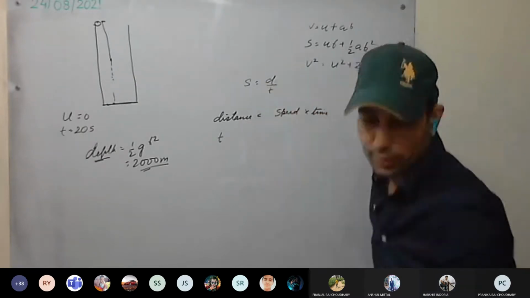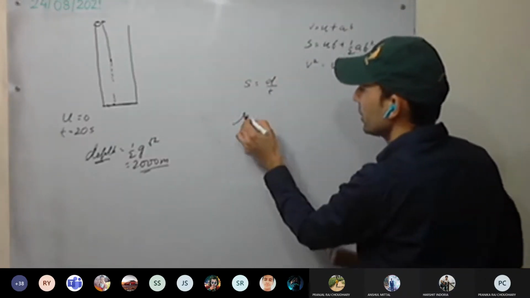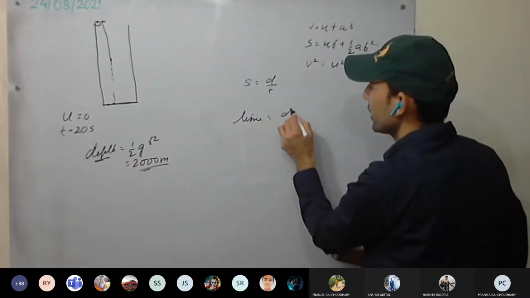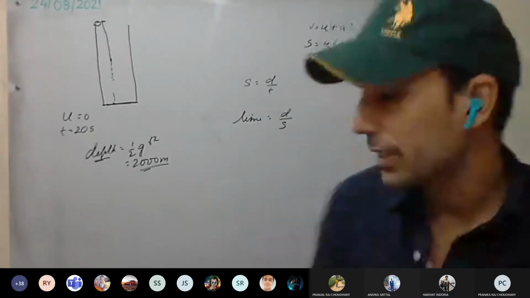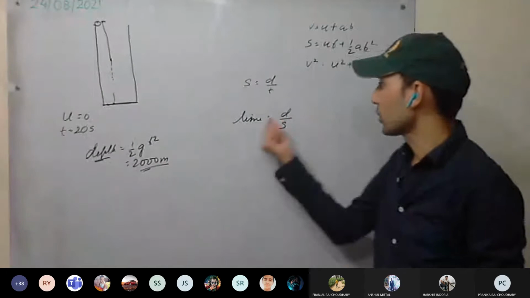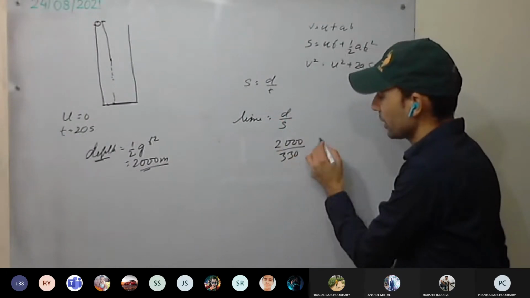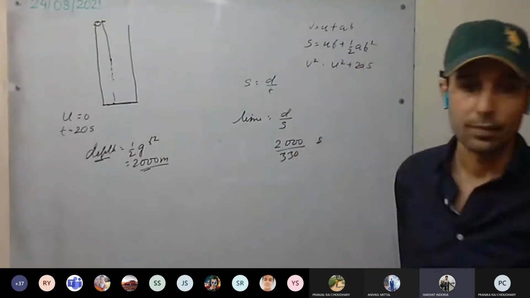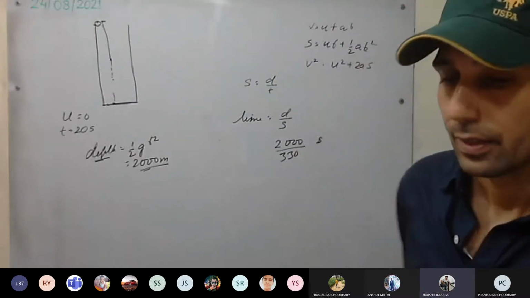Distance is given, time you have to calculate. So time equal to distance upon speed. Distance is nothing but the depth of the well. So 2000 divided by 330, and it will be in seconds: 6.1 seconds.